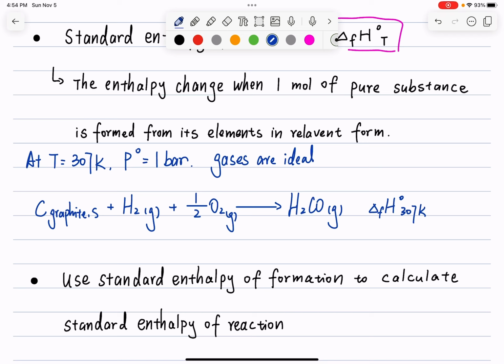And then we can use our standard enthalpy of formation, often written as delta_f H naught T, to calculate the standard enthalpy of a reaction.